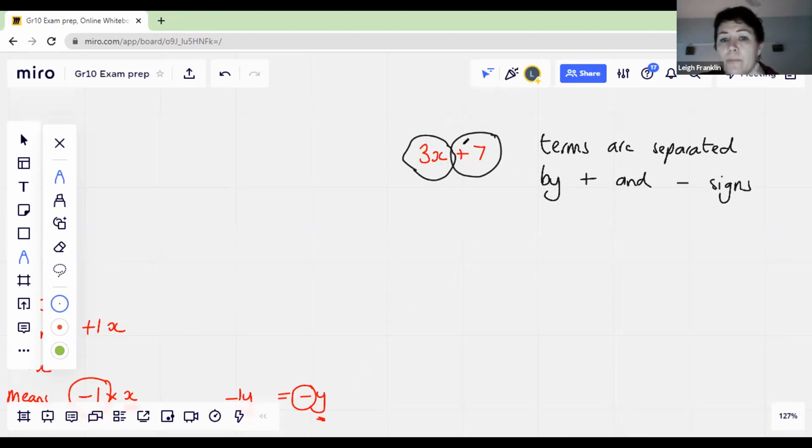The second term is plus 7. The coefficient of x is 3. The variable is x. The constant is 7. We call this kind of expression a binomial. In English, if a word starts with bi, it means two, like bicycle, 2 wheels.